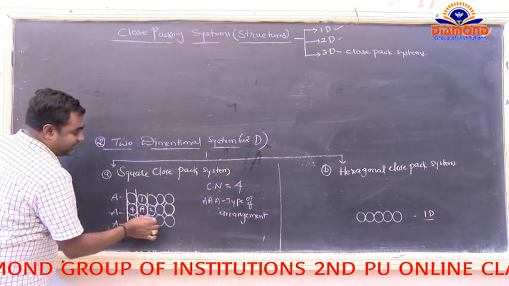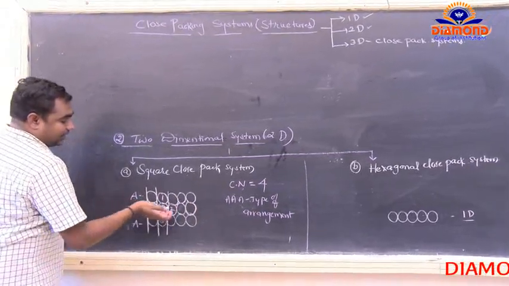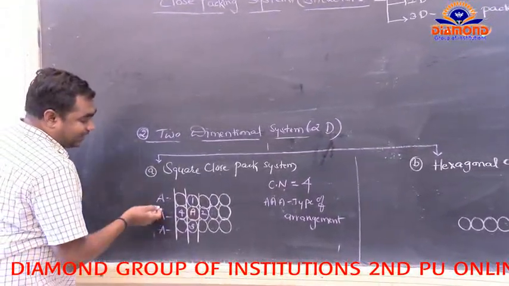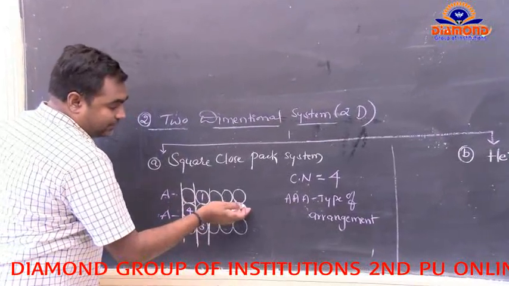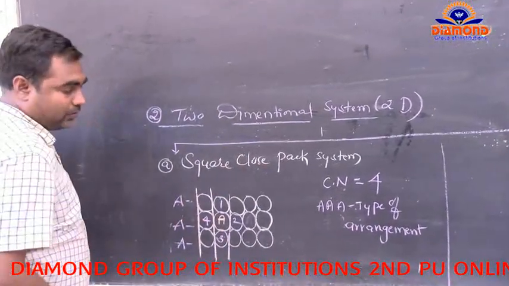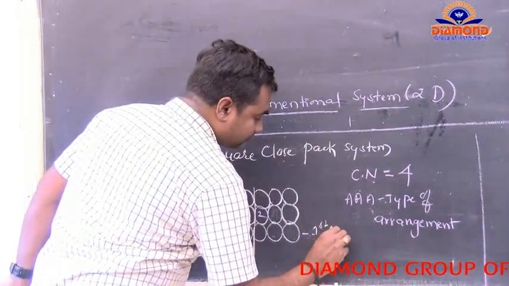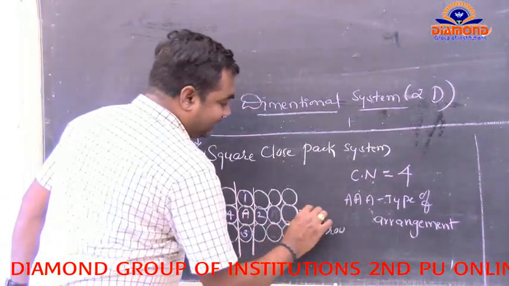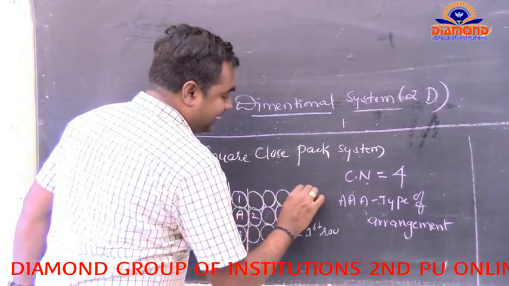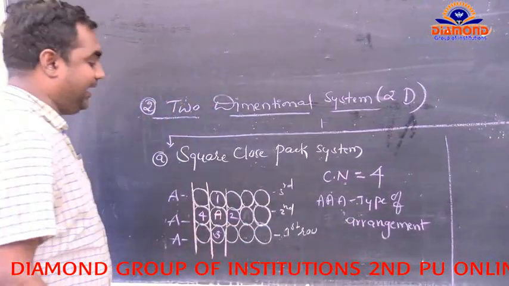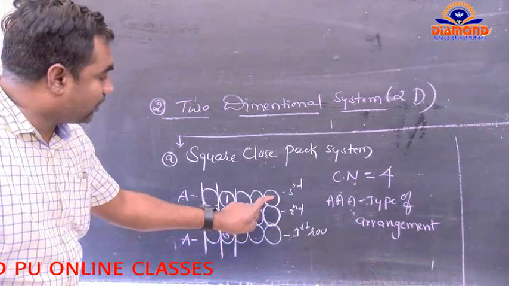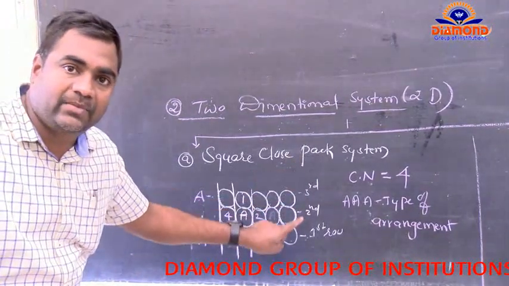Now the same element is present above the first row, and the same element is present above the second row. So it belongs to the first row. It is the second row. It is the third row. So here the first row, second row, third row, all are similar.